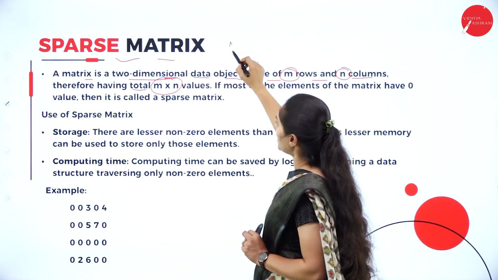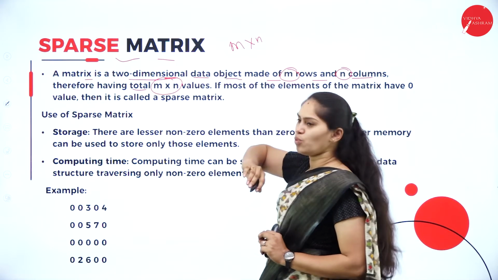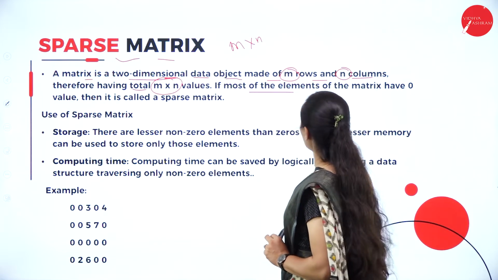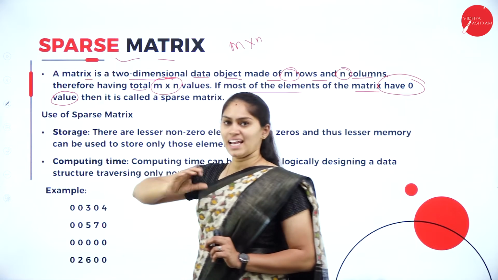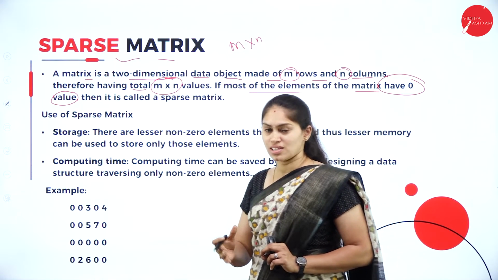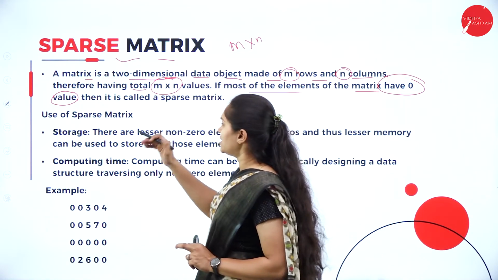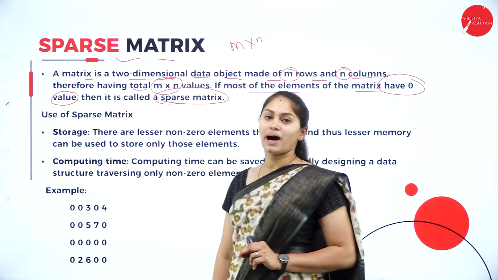So if it is a table, then it will be m cross n values. If most of the elements of a matrix have 0 value, if there are more zeros than non-zero values, then we can call that a sparse matrix.